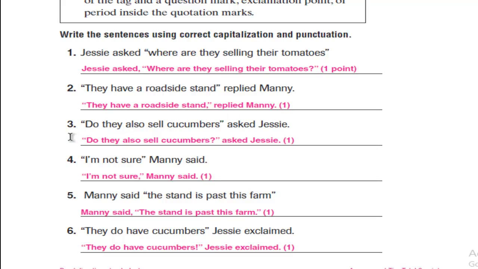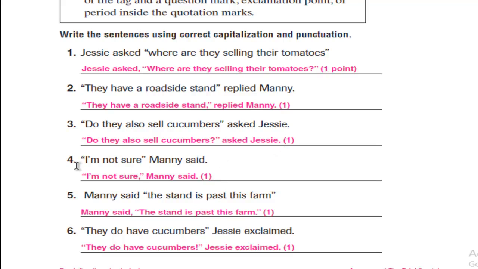Number 3, do they also sell cucumbers? Start with a capital letter and end with a question mark. Don't forget to add the question mark before the closing quotation mark. Then add asked Jessie and again add a period at the end of the sentence.